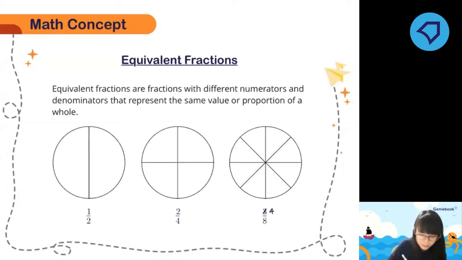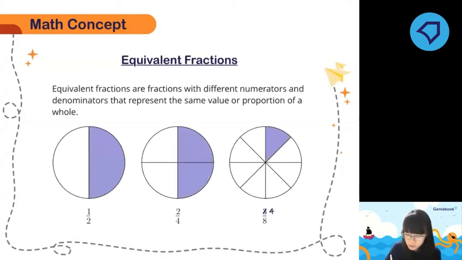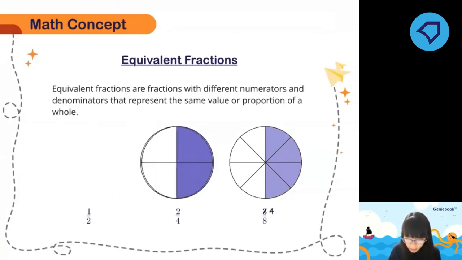Let's shade them together. Okay, half, 1/2. Hold on, give me a moment. 1/2, 2/4, and 1, 2, 3, 4. 4/8. Okay, 4/8.